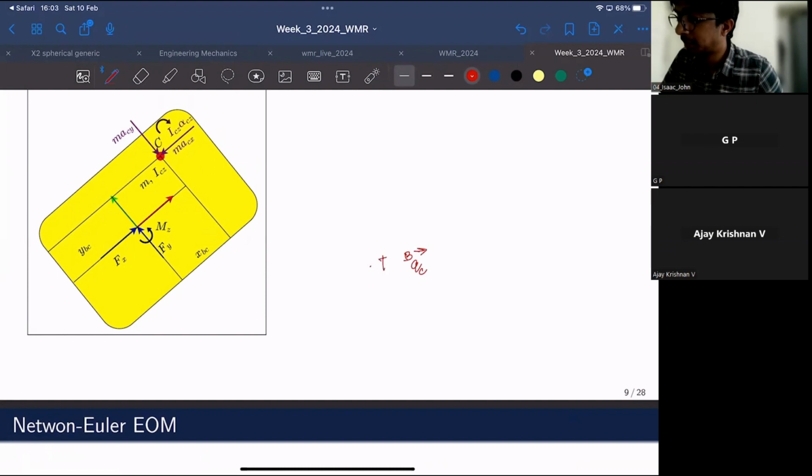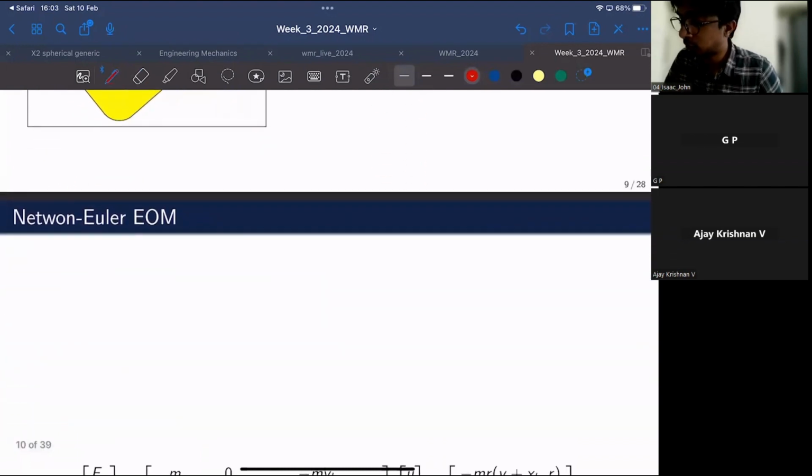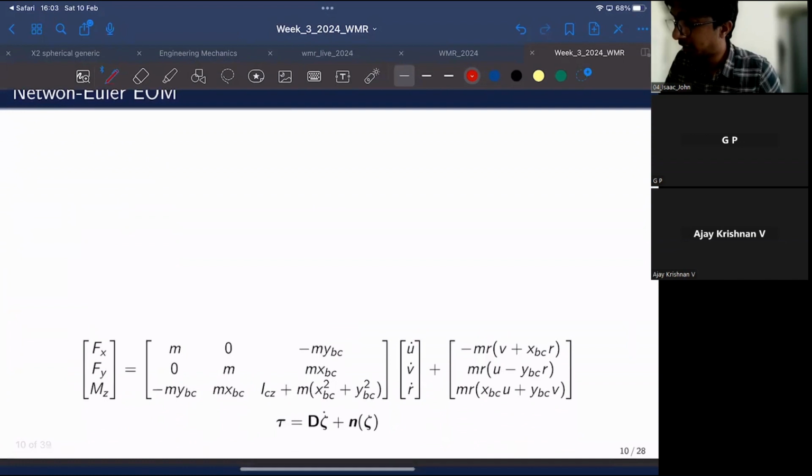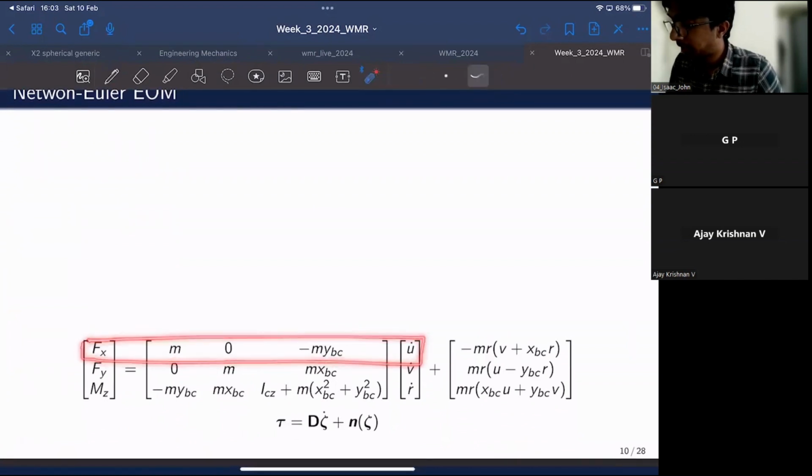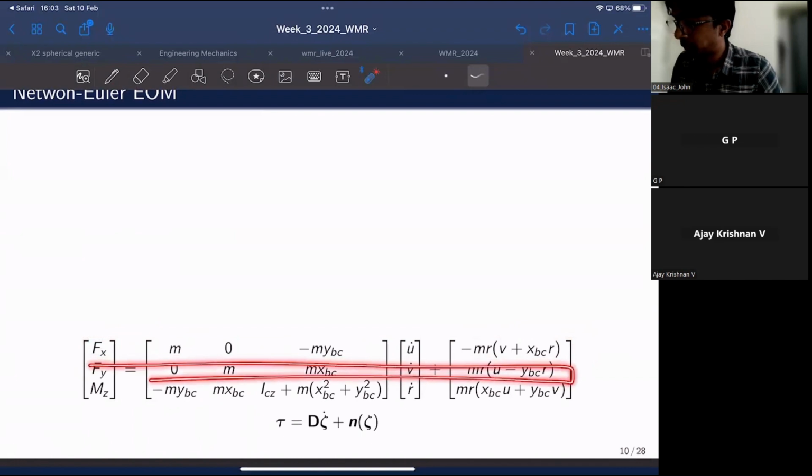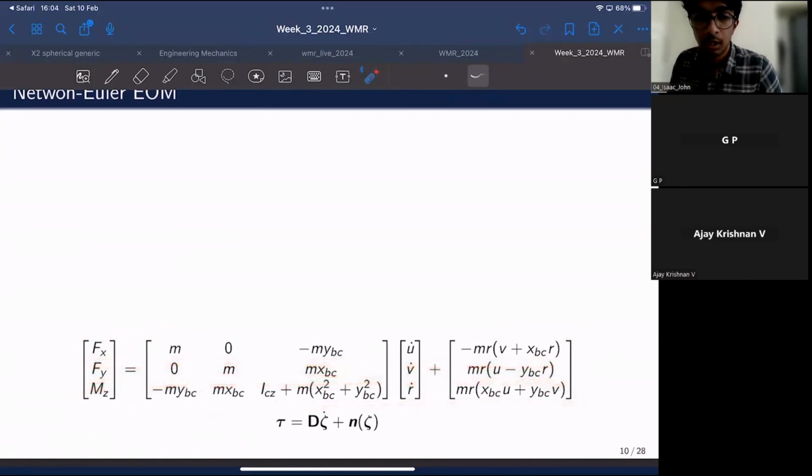So if you multiply this with the mass at the center of mass, you will get the component-wise equations of motion. This entire term is the first equation, this term is the second equation, and this is the moment equation about the z-axis.